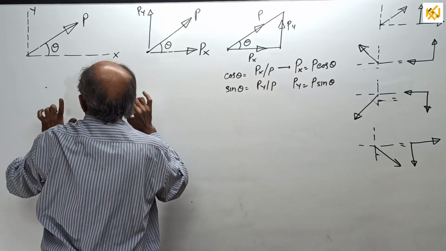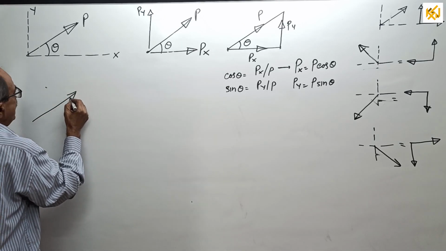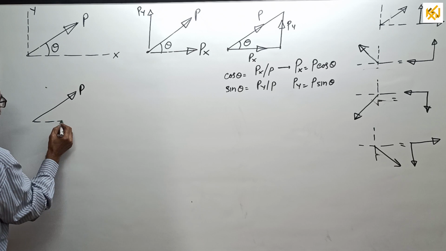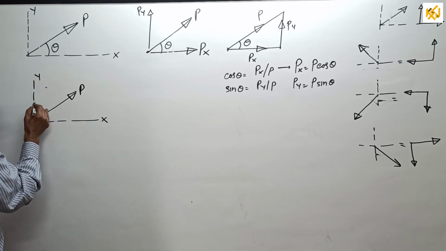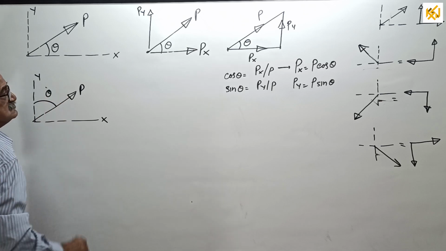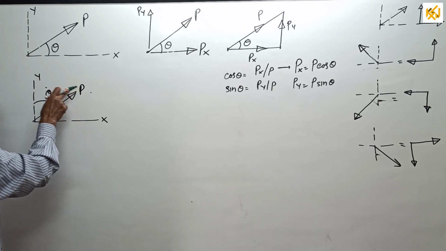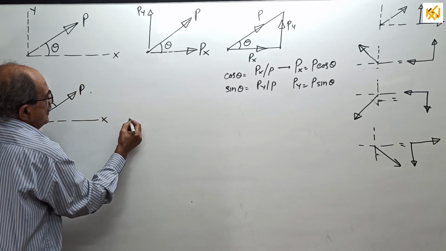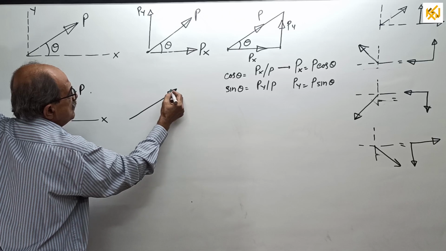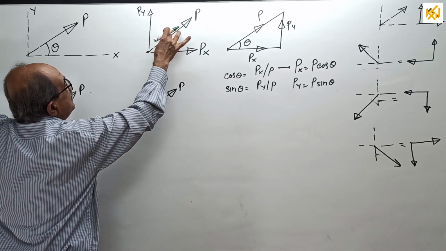Okay, now suppose you consider the same once again. See, P. This is the x direction, this is the y direction. I will take this as angle theta. That is, now I am considering the angle made by the force P with the y direction. Then, when you resolve, I will put a dotted line here for the original force.